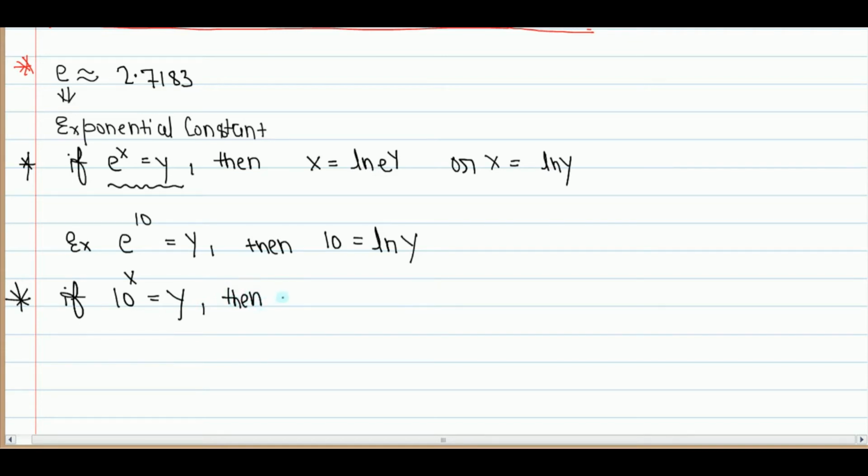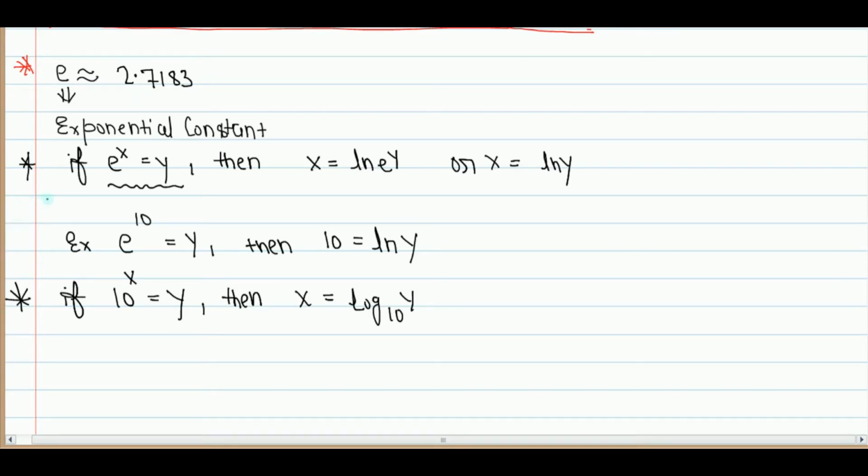What we have to do, we can write it as x equal to log y to the base 10. So from here you are getting the idea of how to write the logarithmic function. The base of the power will go as the base of the logarithmic function.